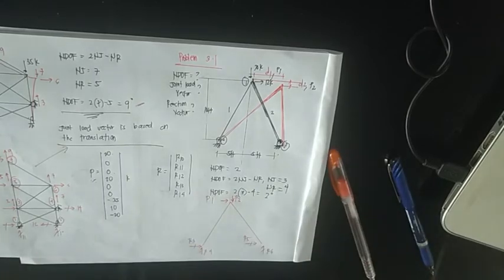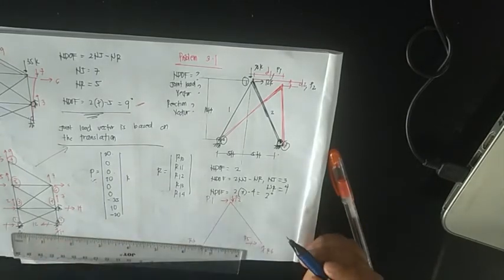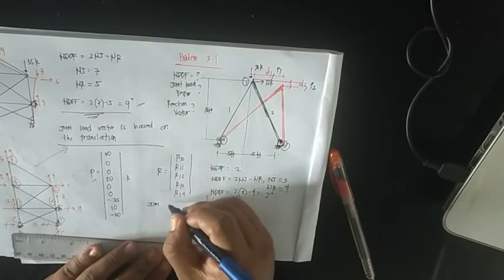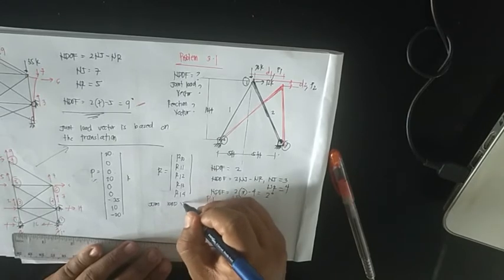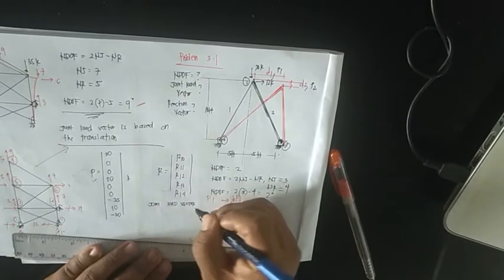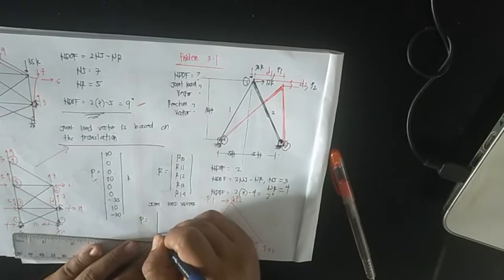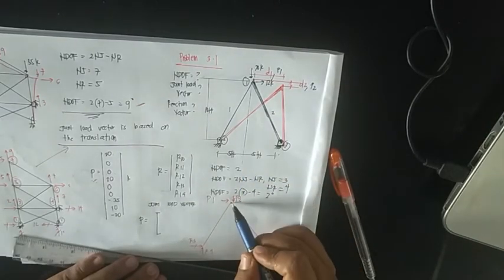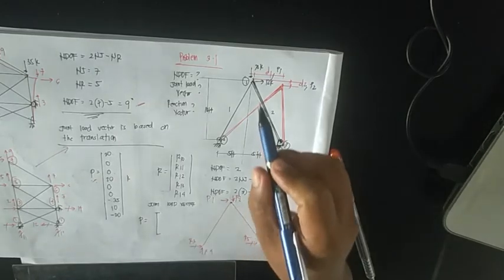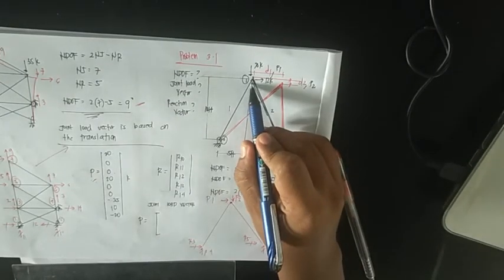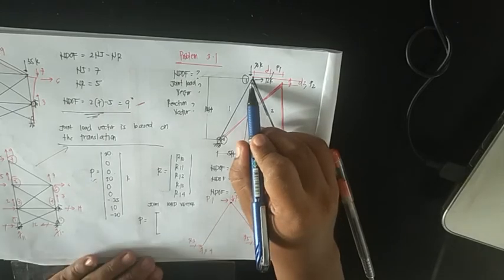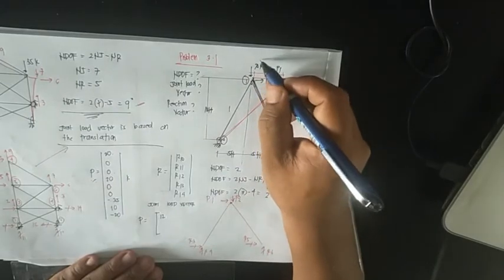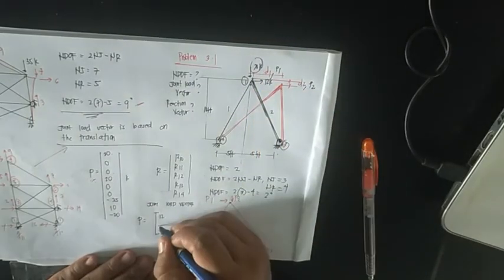Now the joint load vector will be P is equal to, here check the actual load. You always proceed with the horizontal one. 12, then 20, downward, negative 20.